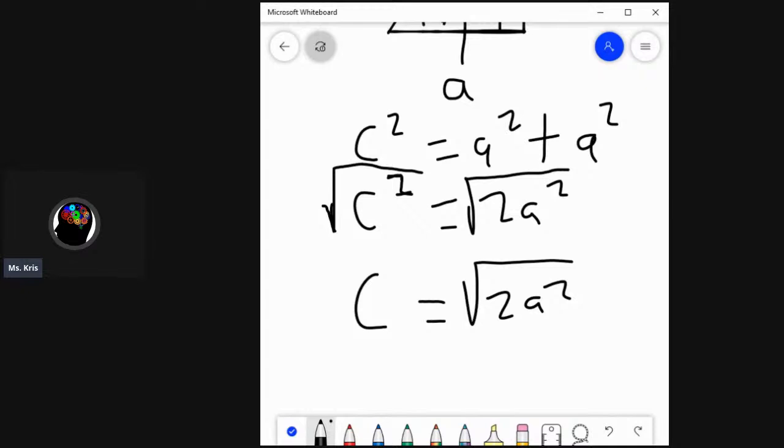Well, if you remember, a number and a variable is simply a number times a variable. So whenever you have a number and a variable multiplying to each other, you can separate them under two different square roots.